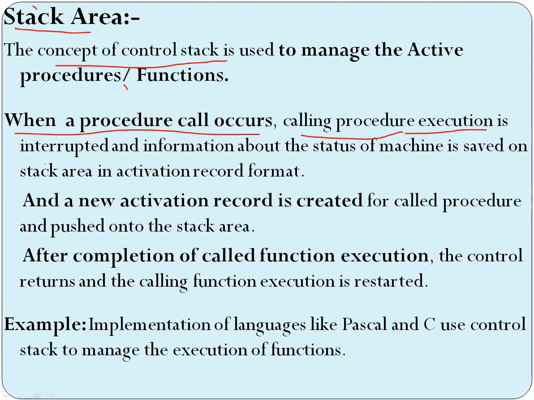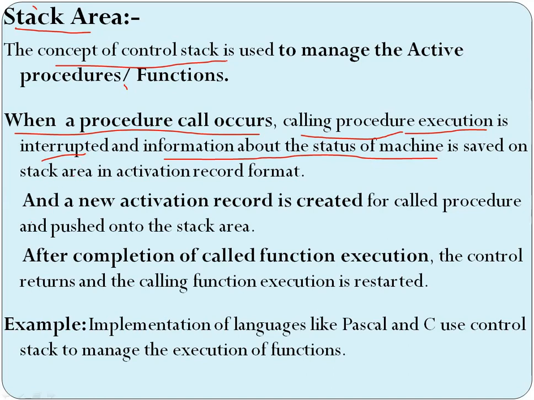Its execution is interrupted, and information about the status of the machine is saved on the stack area in activation record format. When a function execution starts, it creates one activation record and stores it in the stack area, and the corresponding information is updated and stored till the execution of that procedure completes.